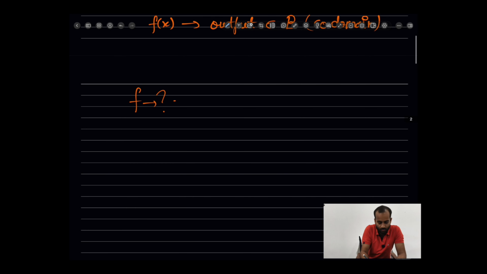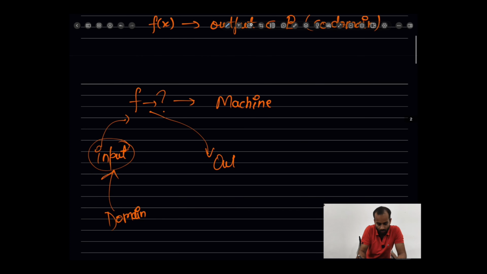It is like a machine in which we give some input, and the input comes from the domain, and it gives you some output, and the output belongs to the codomain.